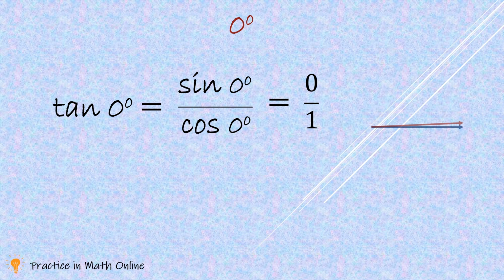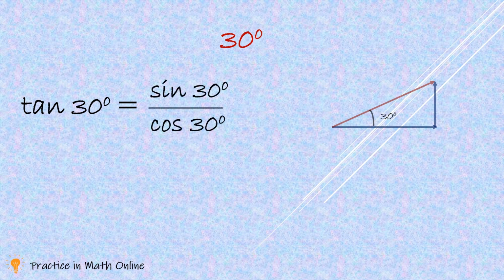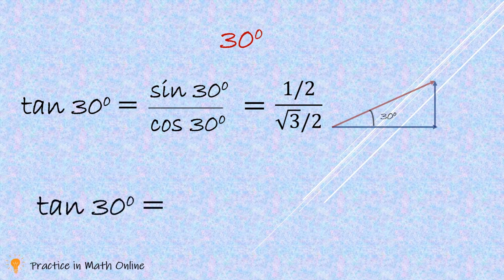So 0 over 1 is 0 and tan of 0 will be 0. Let's see 30 degrees. Tan of 30 will be sine 30 over cos 30, and sine 30 is 1 over 2. Cos 30 is root 3 over 2. 2 and 2 get cancelled in the denominator, so tan 30 will be equal to 1 over root 3.